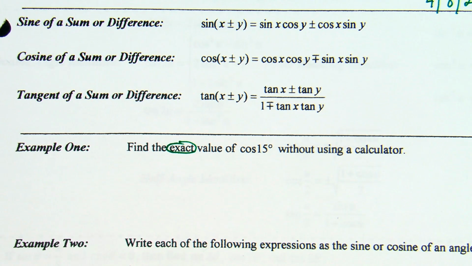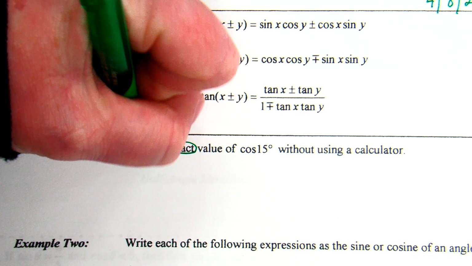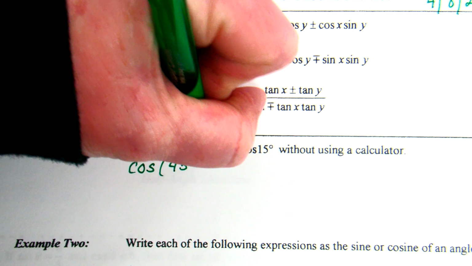What's an option? 45 minus 30. 45 minus 30 is 15, yes? That's the one I'm going to go with. Technically, is there a second option? What's 60 minus 45? It's also 15, isn't it? So you could technically use either option. It doesn't matter. It's whatever your eyes see.